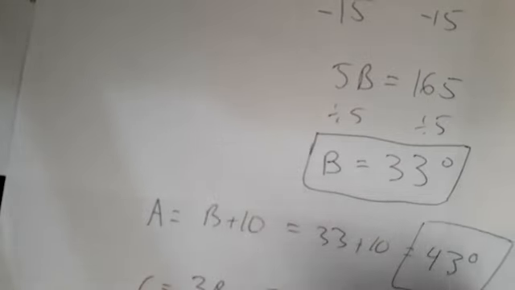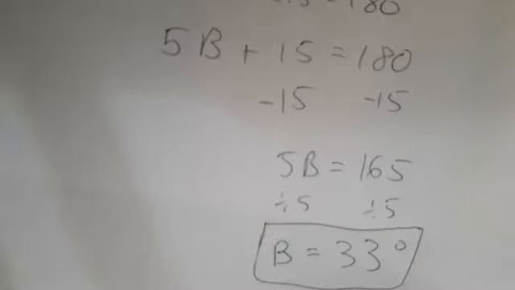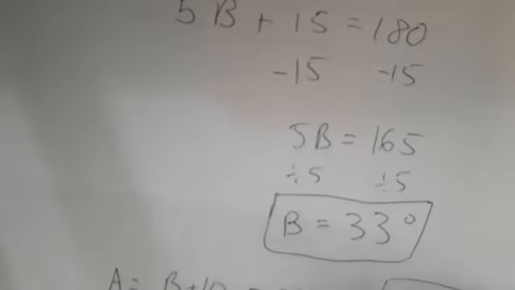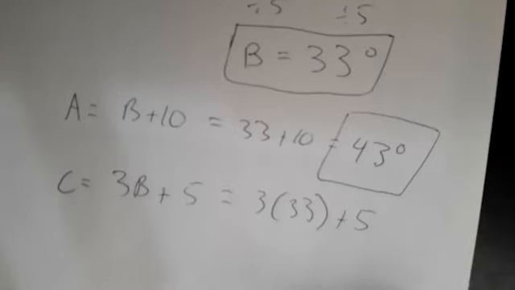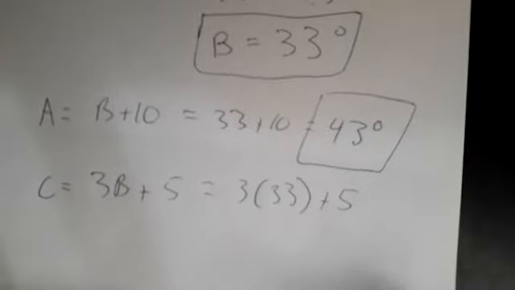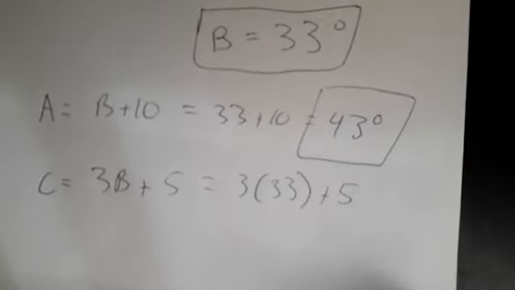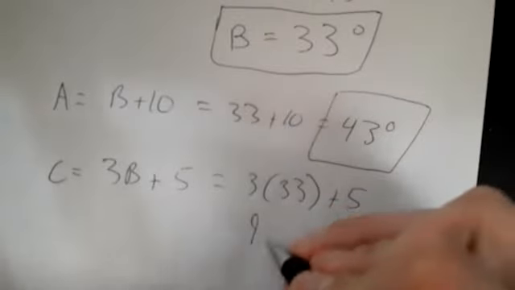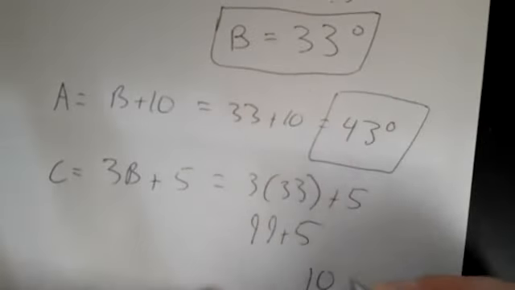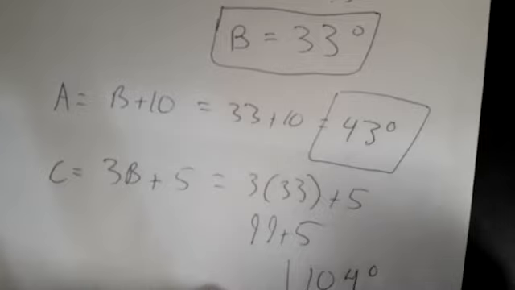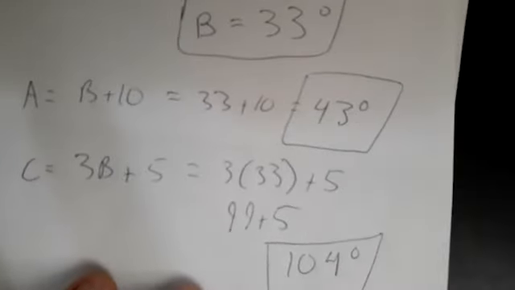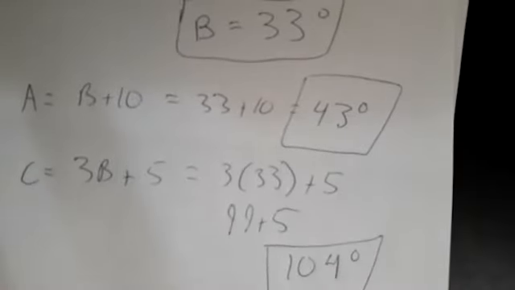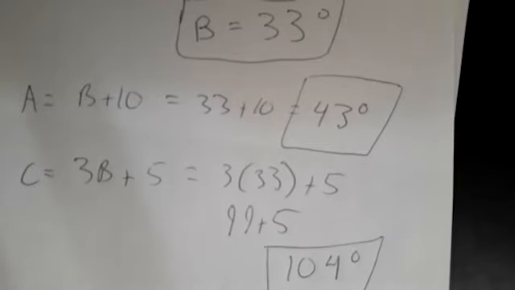We're doing 3 times 33 plus 5. That's 99 plus 5, which should give me 104, I believe. Okay, so we found angle A, angle B, and angle C.